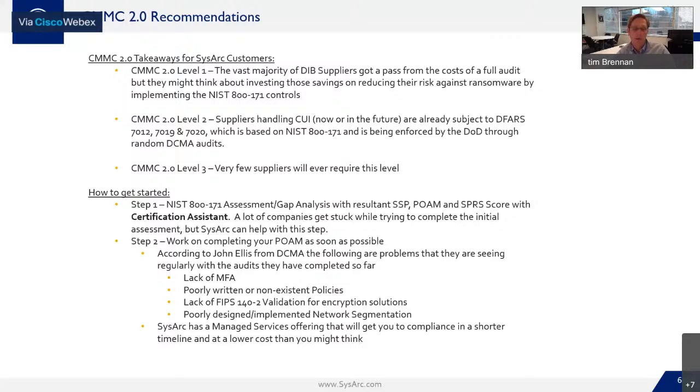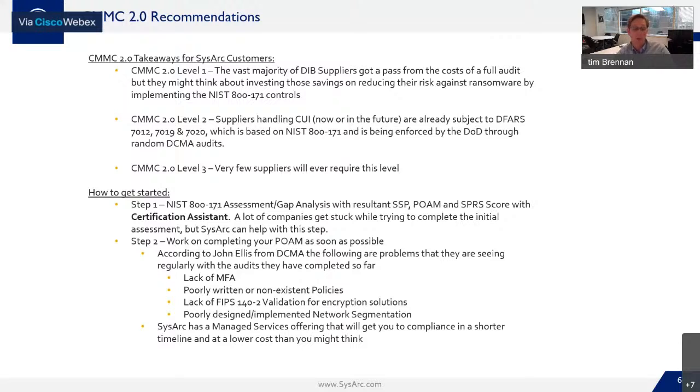We're seeing more and more ransomware shut down companies. So our advice is maybe take the money you might have had to spend on those audits and invest it in good cyber hygiene. Level 1 with CMMC 1.0 was very, very basic cyber hygiene. It's almost non-existent. That standard was developed 5 years ago.